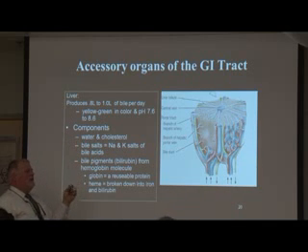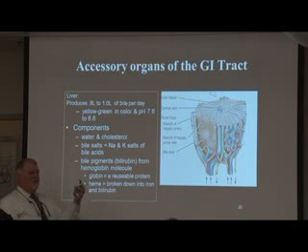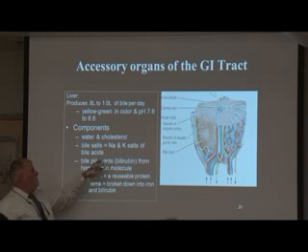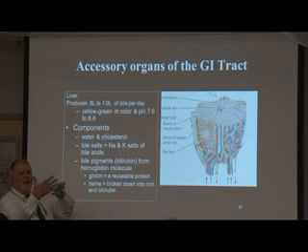So one of the things we're going to talk about is your liver plays a critical role in managing fats in your body. The fats we ingest, triglycerides, are not real soluble. So what the liver does is modify them into a cyclic compound, which is cholesterol, and then add proteins to the cholesterol to make it more soluble.